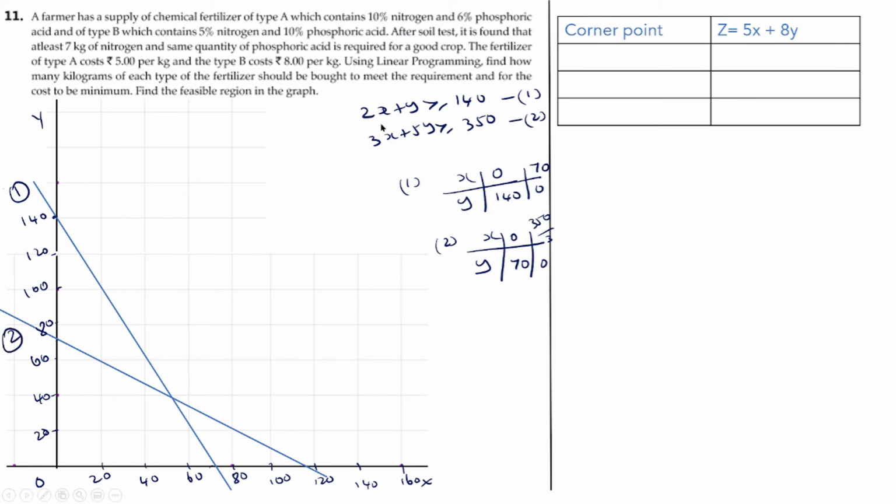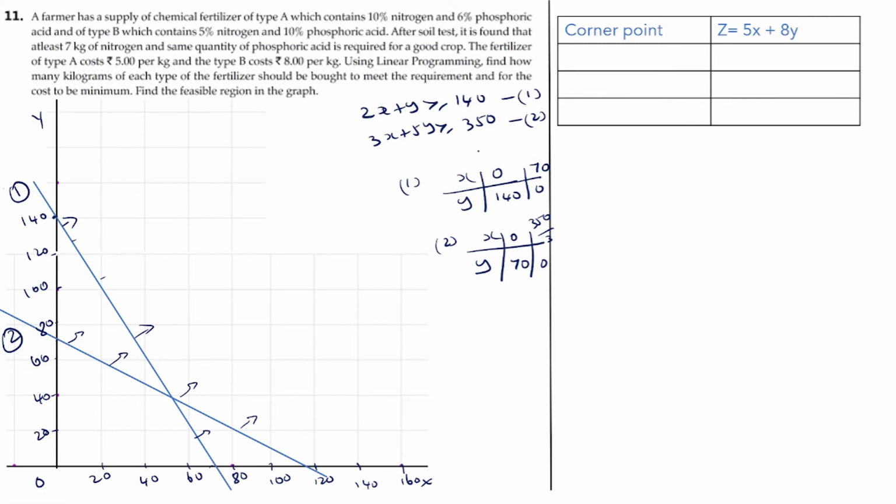Now here 2x plus y greater than or equal to 140, it is this part. And 3x plus 5y greater than or equal to 350 is this part, because the origin does not lie in this plane, so it is the other side.